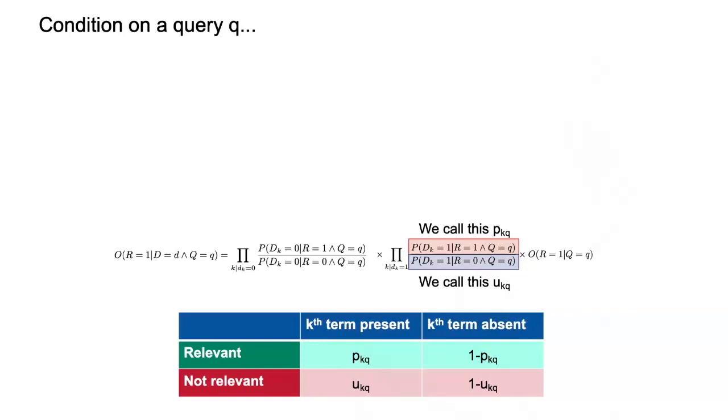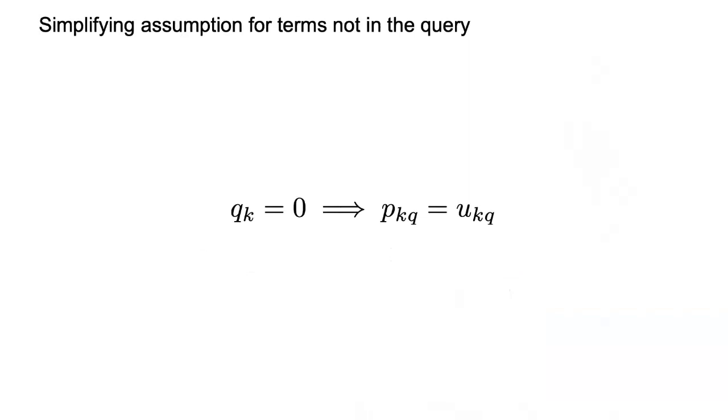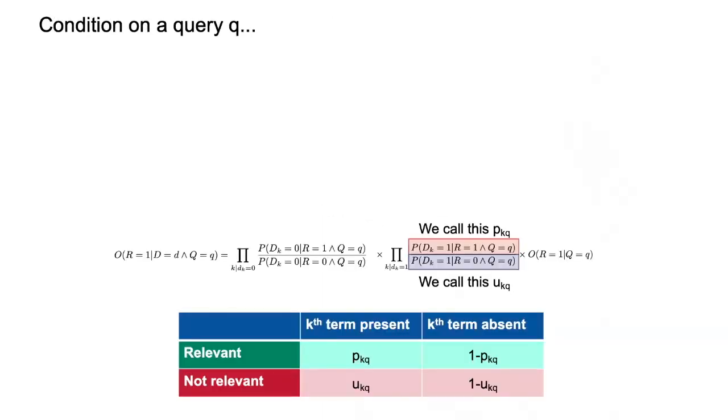Now, we make more assumptions. And I'm going to warn you, some of the assumptions might be a bit courageous, sometimes kind of hand-wavy, like, okay, we're going to assume this or that, just because it simplifies things. One of the assumptions, and you can have a whole debate whether that's actually relevant or not, is that for the terms that are not in the query, so if QK is 0, P and U are the same, right?